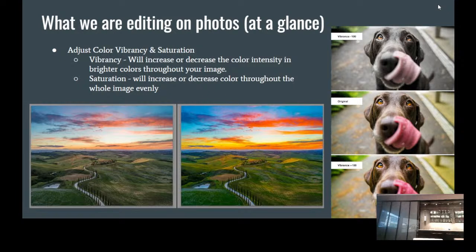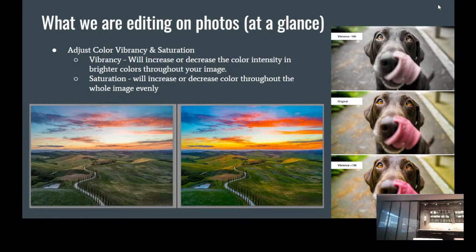With saturation, we are now increasing or decreasing color throughout the whole image entirely. So we look at the whole image, we're taking everything from the darkest and lightest to every other tone and bumping that either back or forth to give more saturation to the colors that we see.